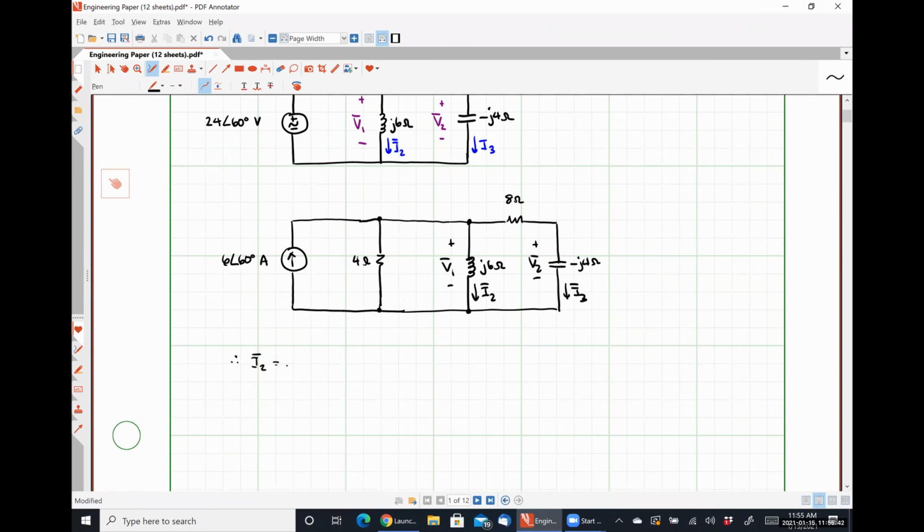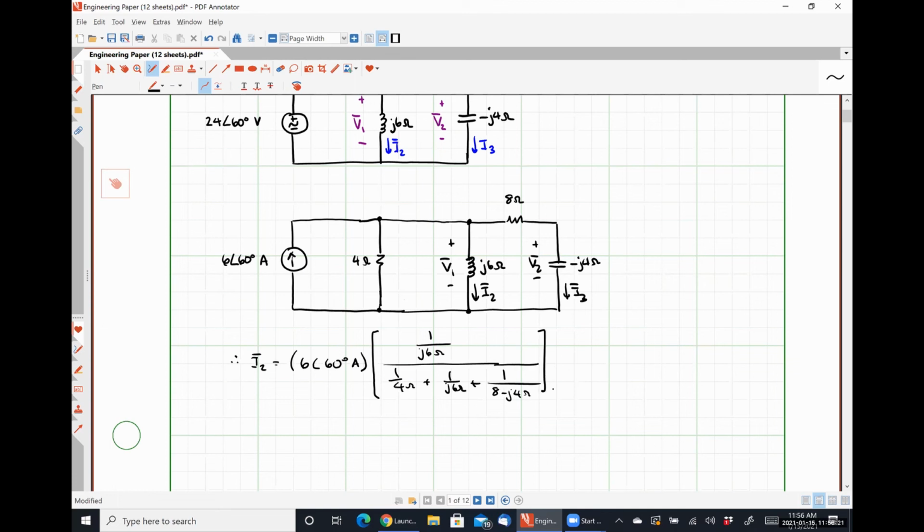How? Somebody remind me how to do current division. So 6 angle 60 times 1 over J6 over 1 over 4 plus 1 over J6 plus 1 over 8 minus J4.